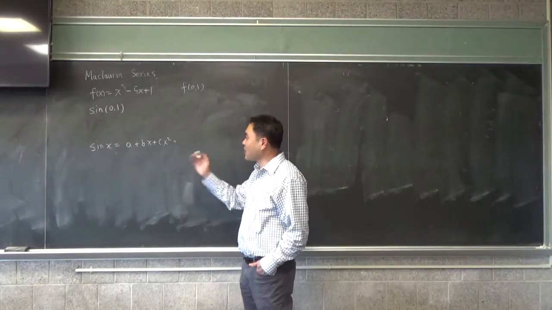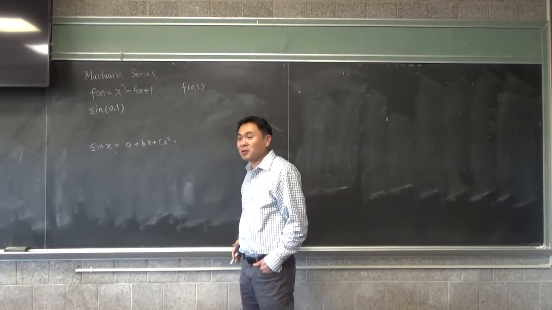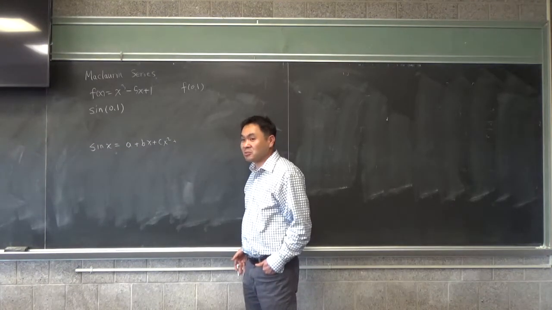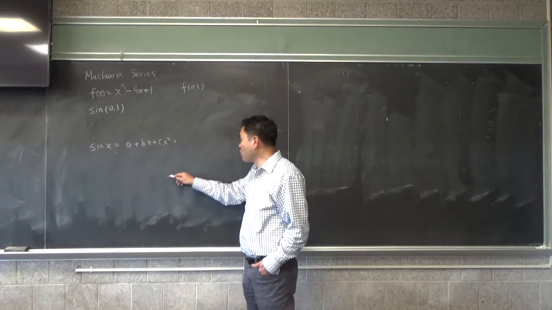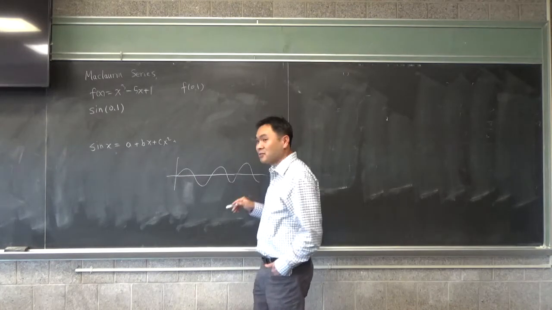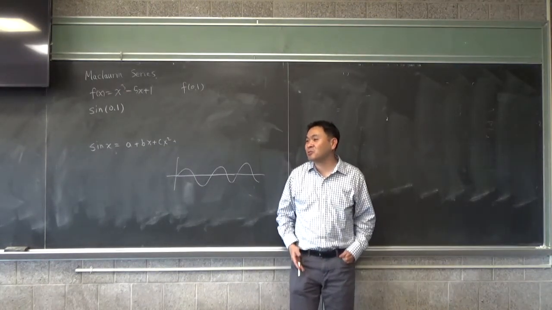But okay, so if sine x happens to be a polynomial, then we are good because we can actually calculate it, right? However, there's a very fatal flaw to this plan, because if you draw the graph of sine, it's like that, right? How many zeros does a quadratic equation have?